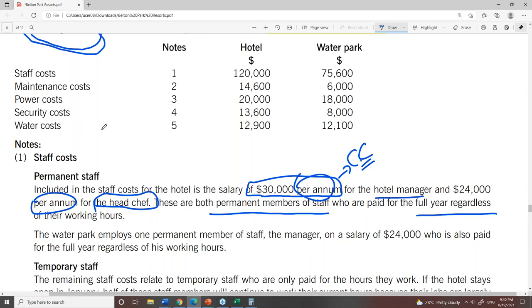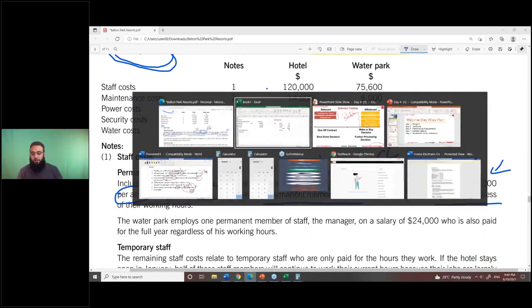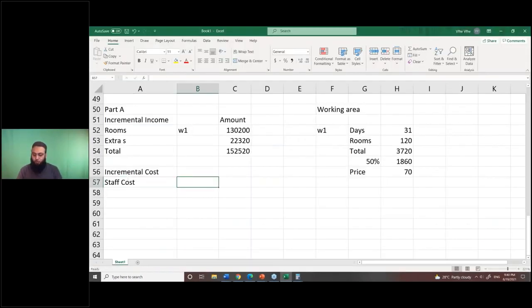So let me tell you here that this 120 includes a cost of these two that I should deduct, but it's per annum, so I need to make it per month, right? So staff cost, working area, total cost is 120, right?